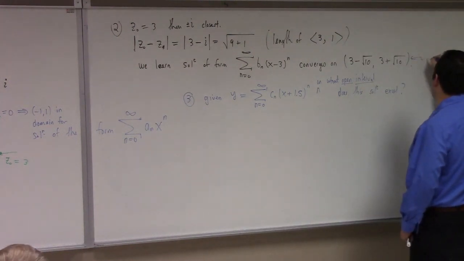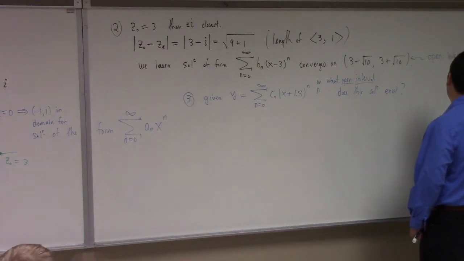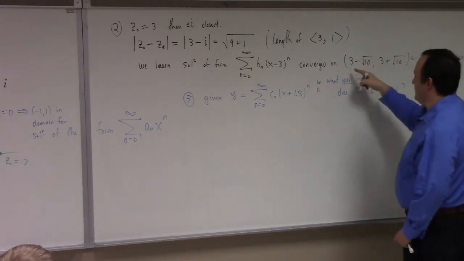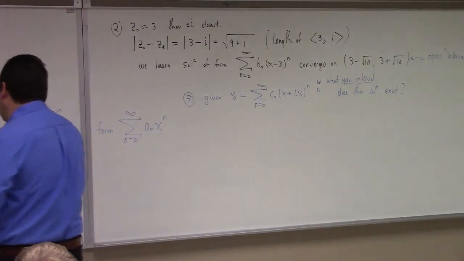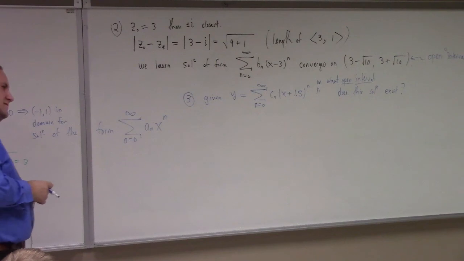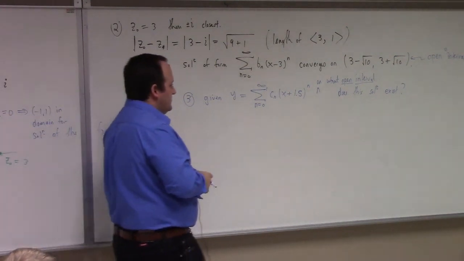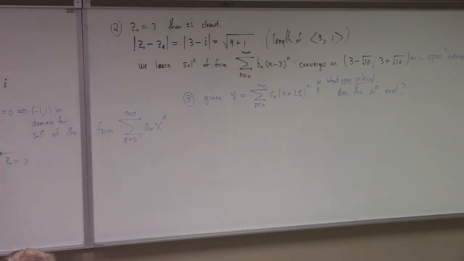This right here is an open interval. You are supposed to know what this means. When I say interval, it means a set of numbers from a to b. I can ask the question in other ways. The point here is to understand the theorem, but that would be a common problem type.